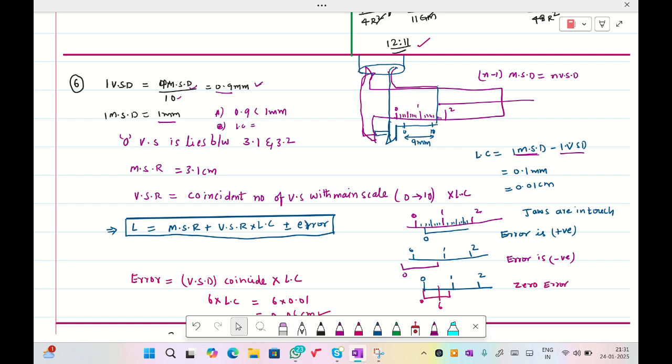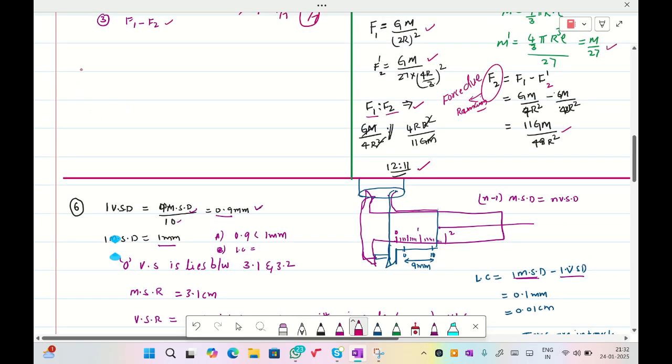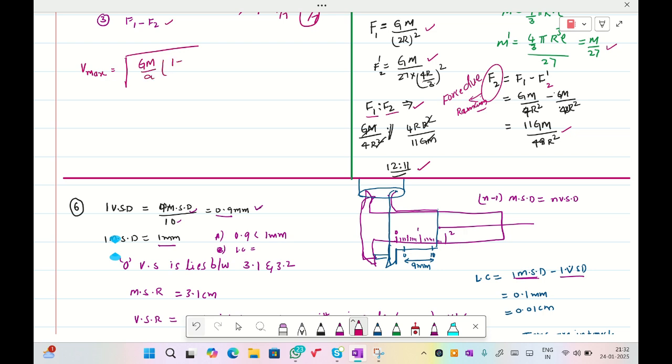Maximum velocity and minimum velocity of an orbit, meaning a planet around the sun. So the V maximum, V minimum formulas you people know. In Kepler's laws, using conservation of angular momentum and energy, V maximum is equal to root over GM by a into 1 plus e by 1 minus e. For maximum, the denominator should be less, to remember.